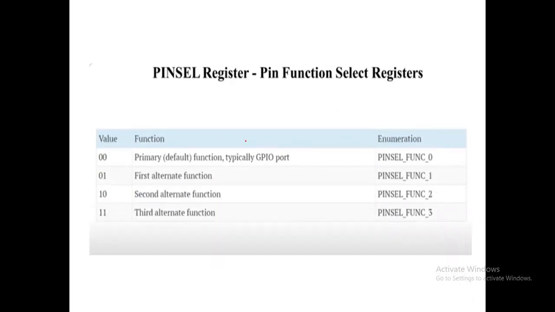So this is how the pin select register functions. If the pin select register value is 0 0, that indicates the primary function, typically acting as a general purpose input output pin. If the pin select register value is 0 1, that indicates the first alternate function. If 1 0, that selects the second alternate function of that pin.